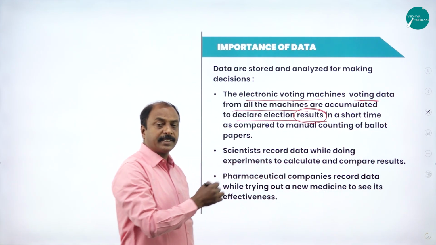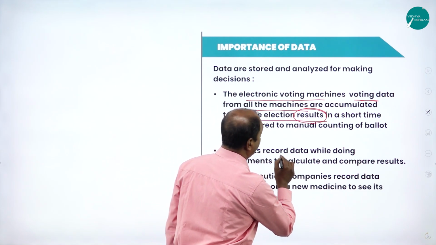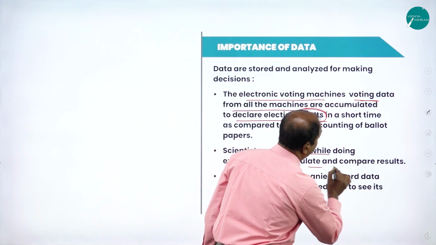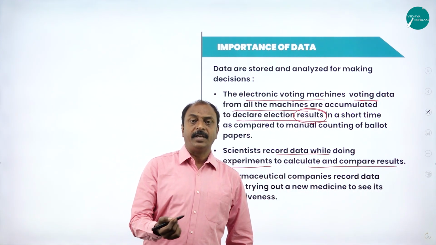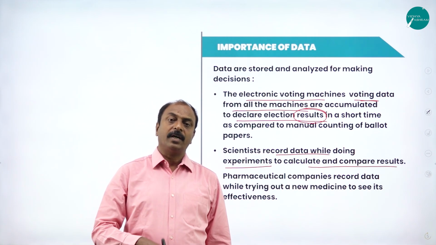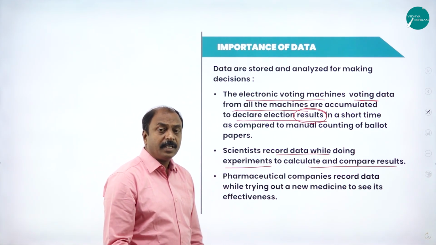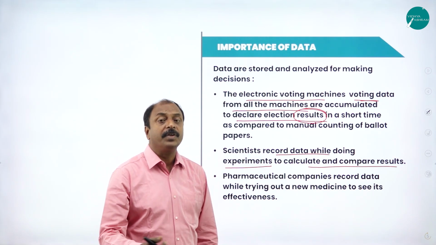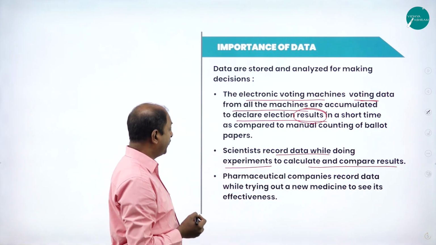Another example is that scientists record data while doing experiments to calculate and compare the results. Every time they are on a project, an invention or a discovery, they record the data at each and every step on a daily basis. That is also important data.